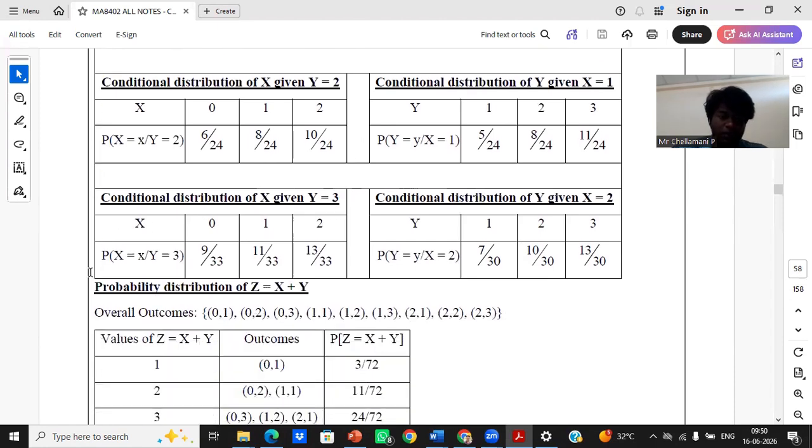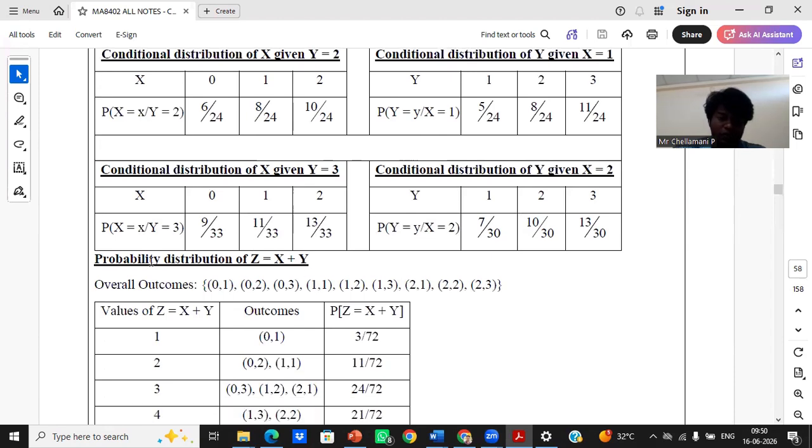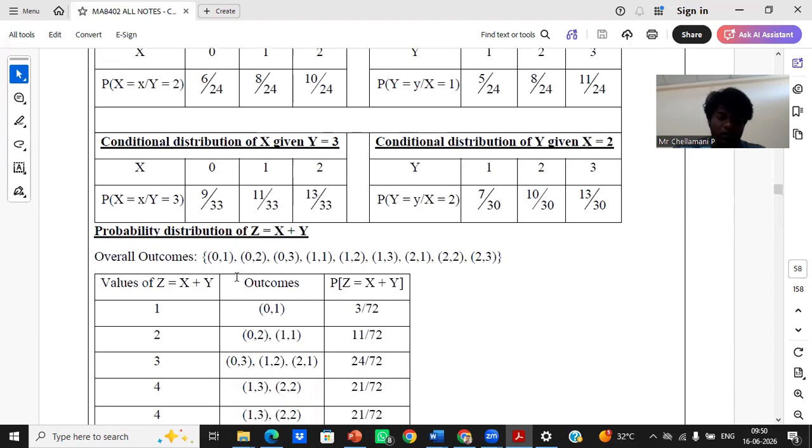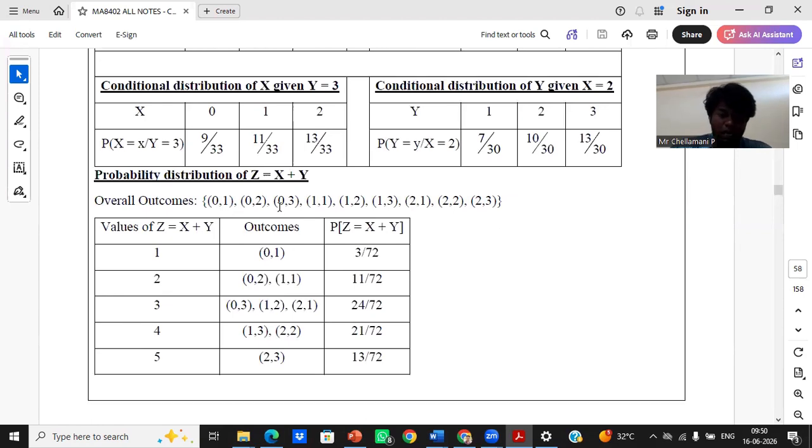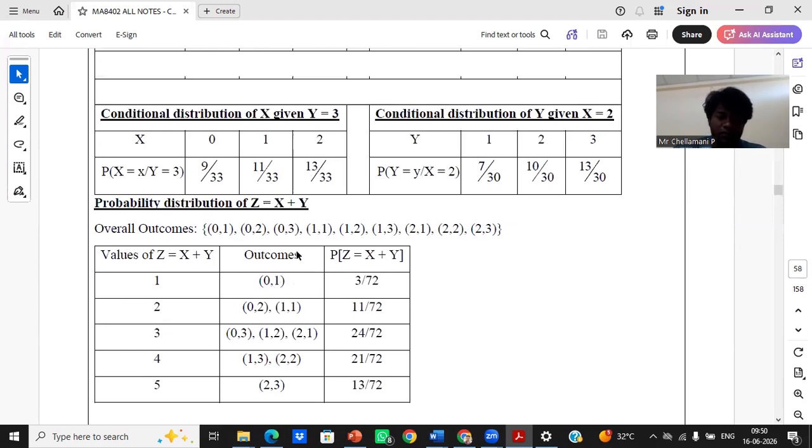Next, we see the probability distribution of z is equal to x plus y. So we simplify, and the outcomes are 0,1; 0,2; 0,3; 1,1; 1,2; 1,3; 2,1; 2,2; and 2,3. So for the outcome 0,1, we must see the table.